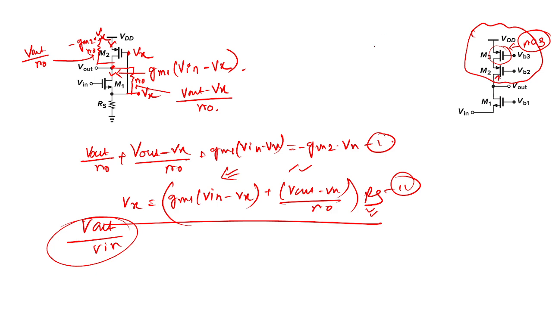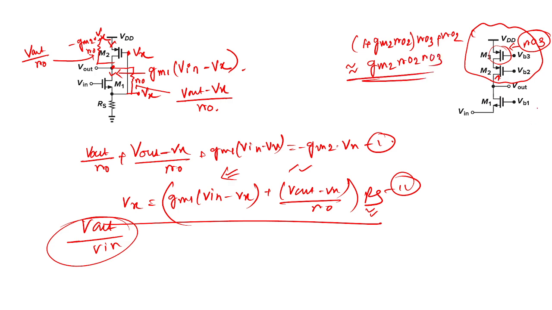If you look in this way, it will be 1 by Gm2 RO2 into RO3 plus RO2. I derived it in the previous slide. You can go and look into that slide. So equivalently it becomes Gm2 RO2 RO3.